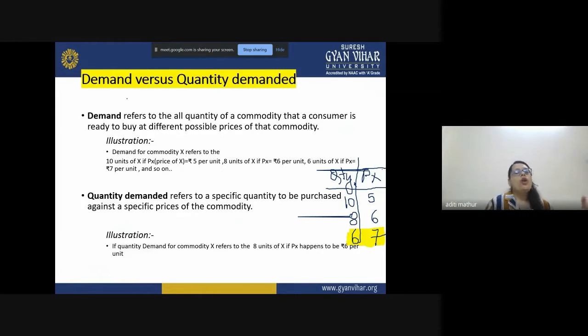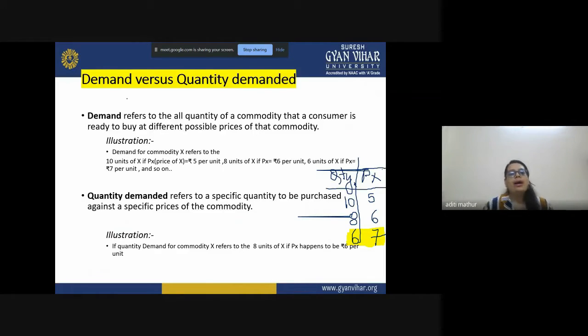We said quantity demanded refers to the specific quantity to be purchased at a very specific price, right? We took the example in which, if I say I want to demand 6 units of commodity X when the price is 7 per unit, you are referring to a quantity demanded.